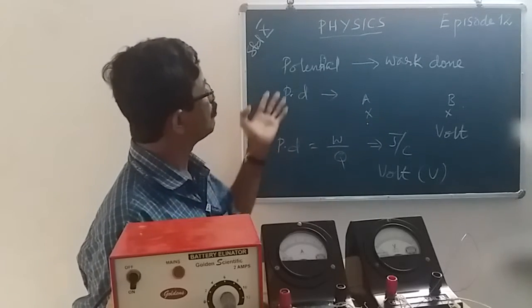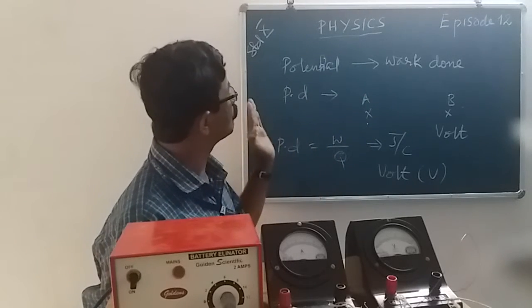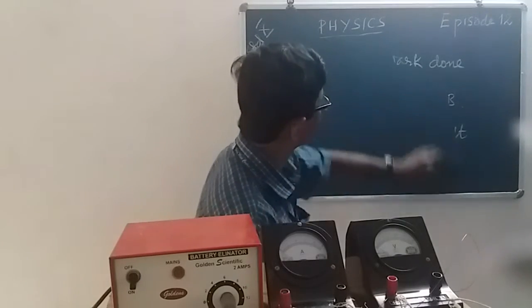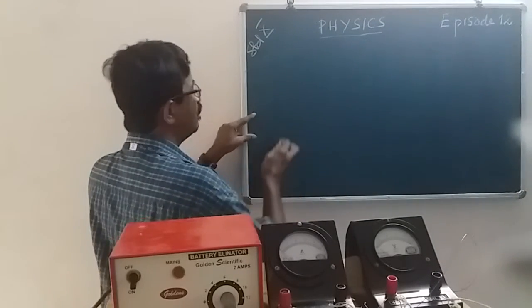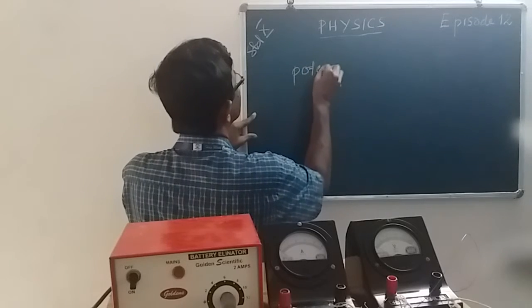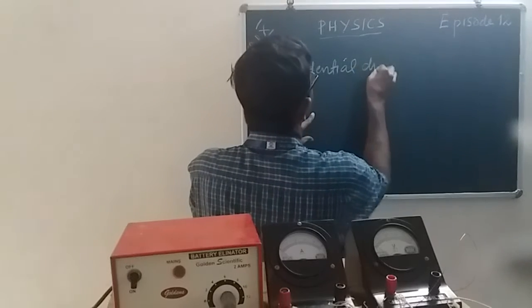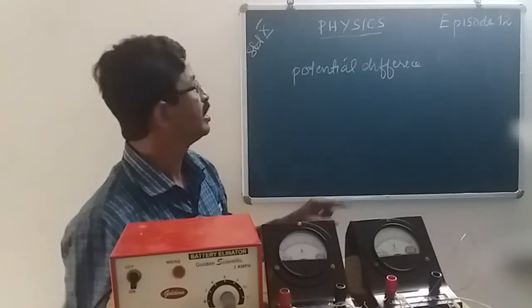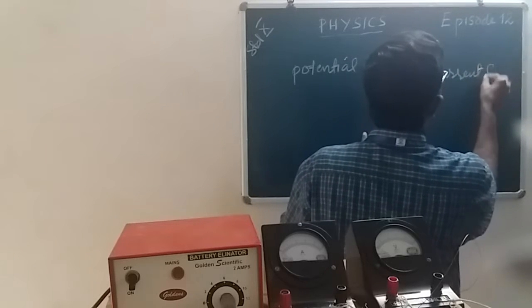These are the things we discussed in our last class. Now we are going to discuss a new term. Is there any relation between the potential difference across a conductor and the current flowing through it?